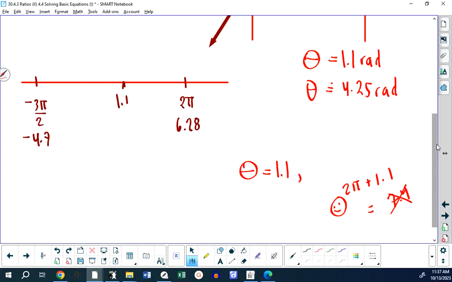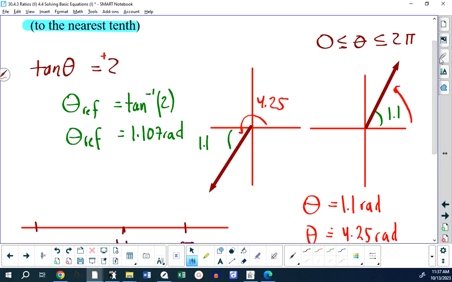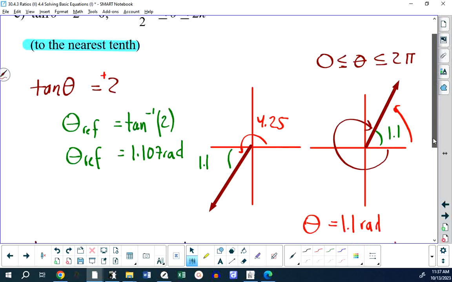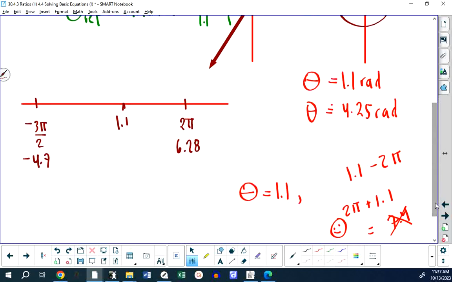But what about if I take 1.1 and I subtract 2 pi, which would be this angle, by the way. If I take 1.1 minus 2 pi, I get negative 5.18, I think. I swing my eyes over here and I go, nope, negative 5.18 is also going to be outside.